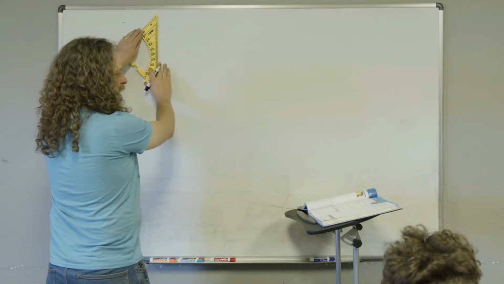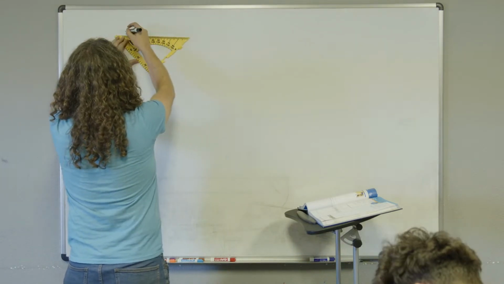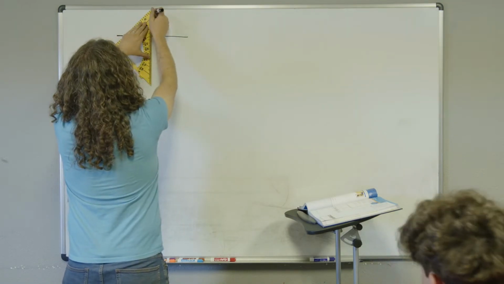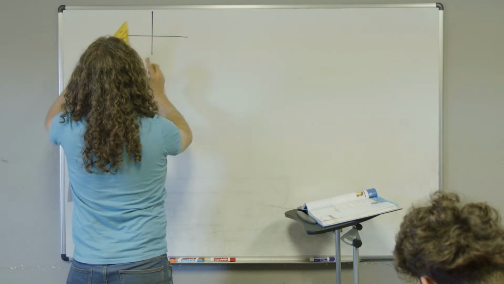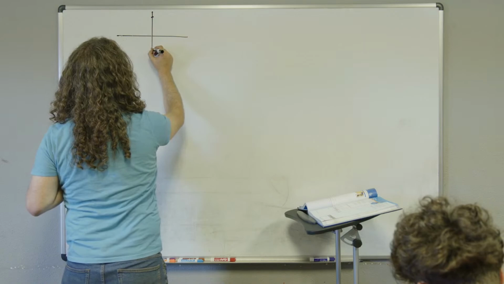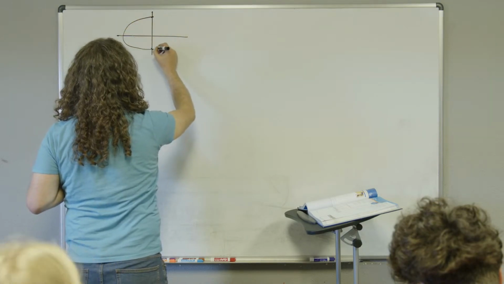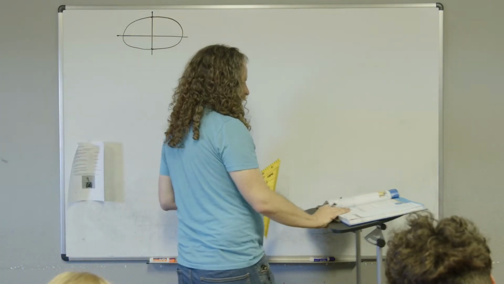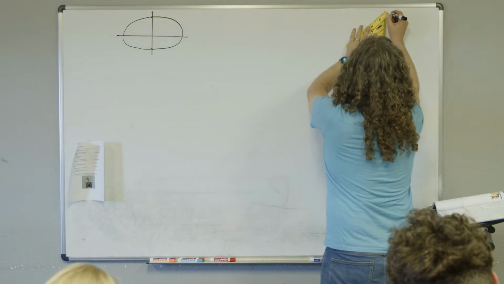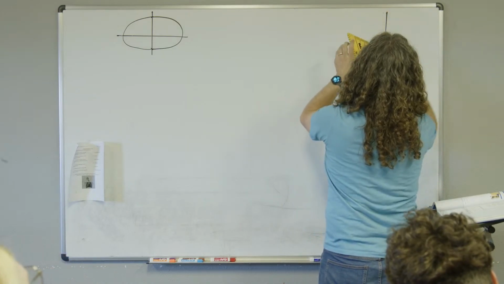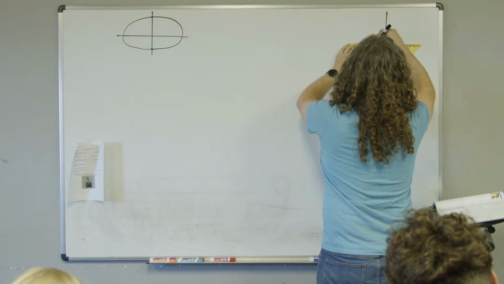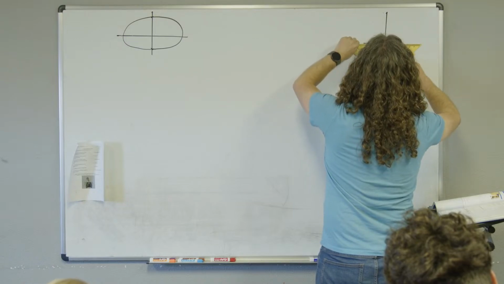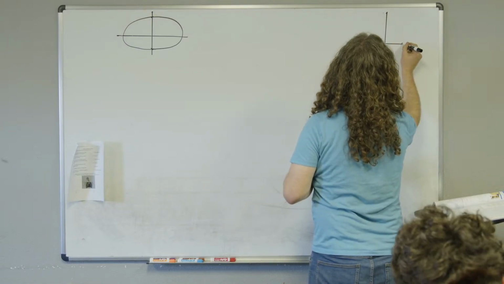All right, so you can have ellipses that are horizontal. And they look something like this, more or less. And you can have ellipses that are vertical, and that will look something like this.